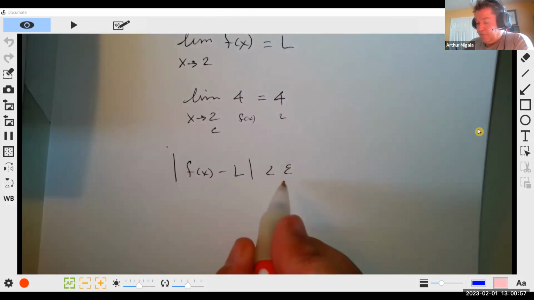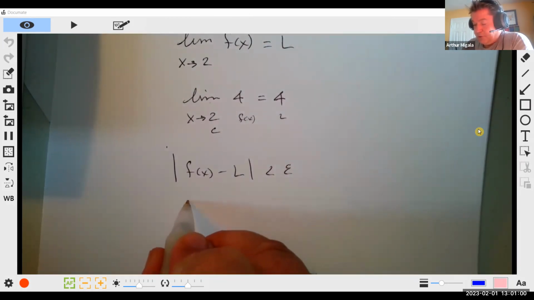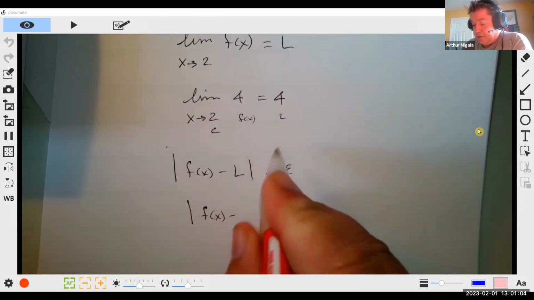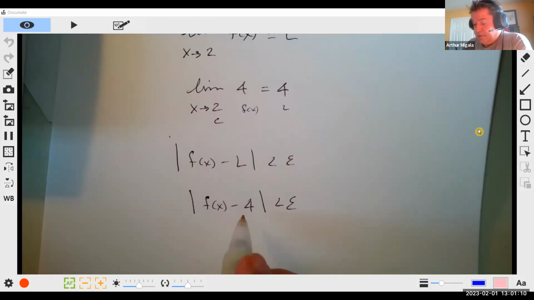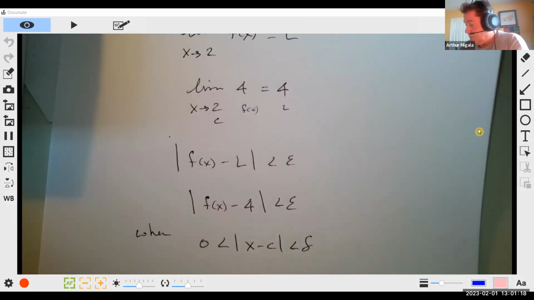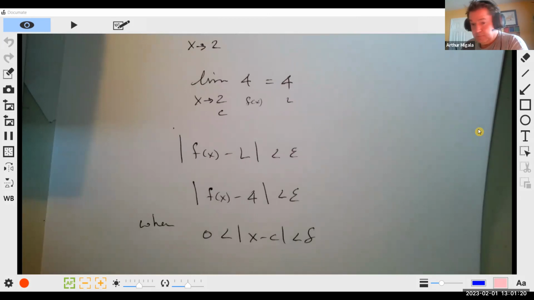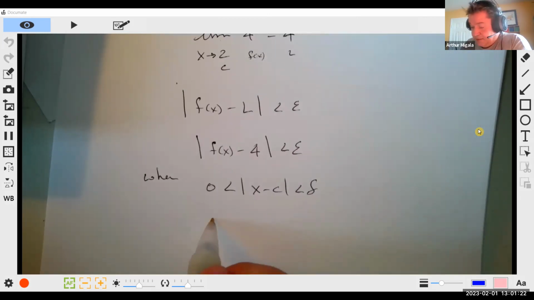So we find our value, this equation first. We have f of x, the limit is 4. This is true when this is true, x minus c, and the c value.